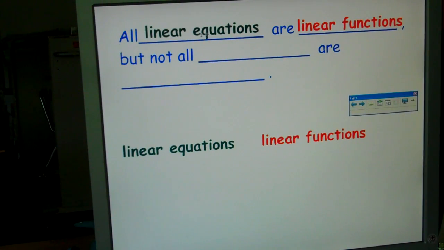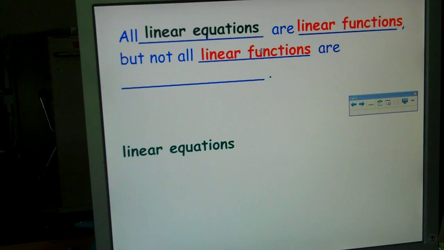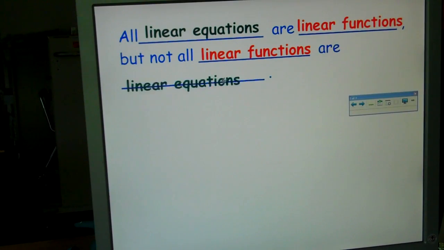So things that are not raised to a power, they are linear functions, all of them. But not all linear functions, the ones that have y equals x squared, they're linear functions, but they're not equations. Take a moment, study that, give yourself a couple examples, and that's our lesson for today.